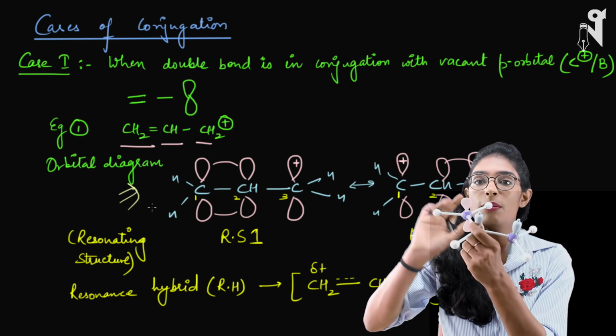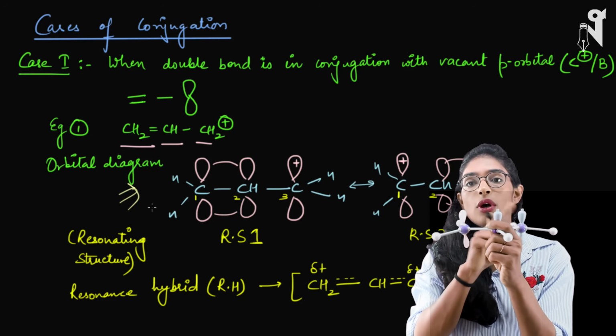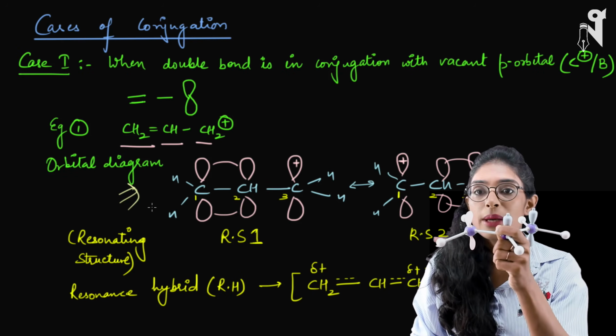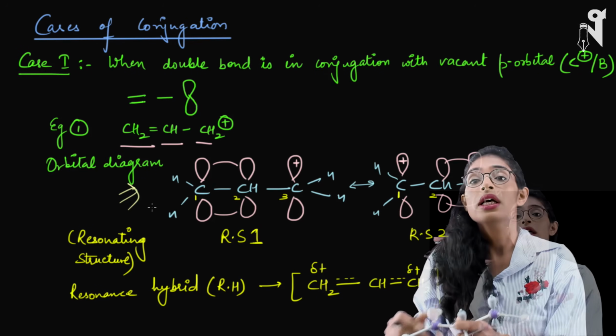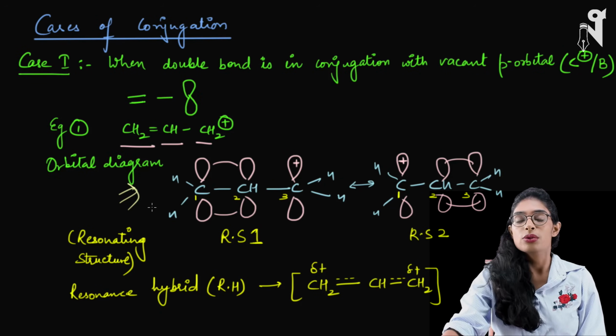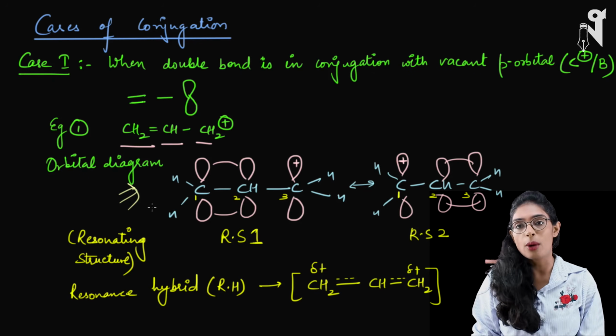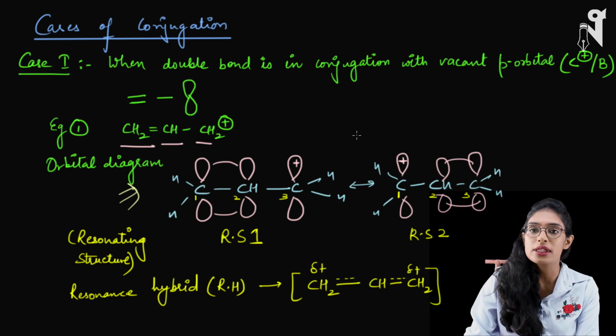So this is the empty p orbital, and these are the p orbitals involved in the formation of the pi bond. All of the p orbitals are parallel to each other, but in the perpendicular plane with respect to the sigma bonds. So this is exactly the orbital diagram of this species which we have already discussed earlier.